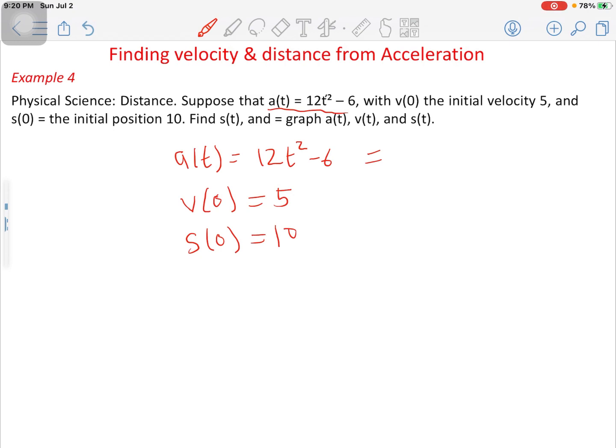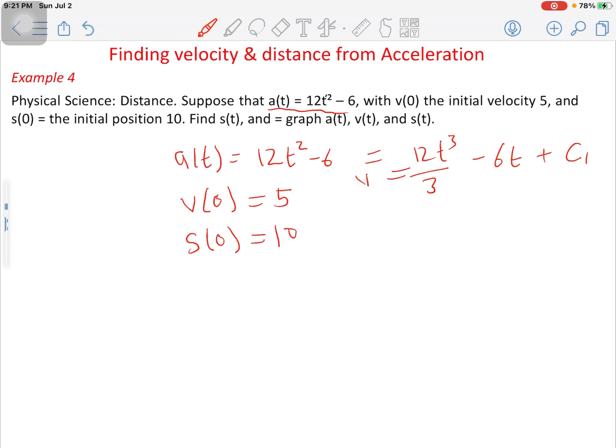When we integrate it, we are going to get 12t power 3 over 3 minus 6t. And don't forget that we need to introduce our first constant, c1, the arbitrary constant of integration. So in doing this, now we have our velocity function.